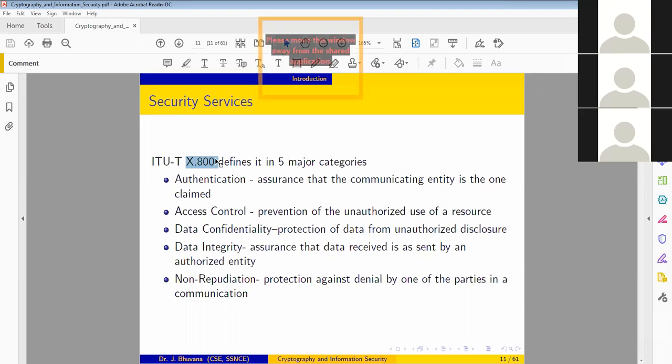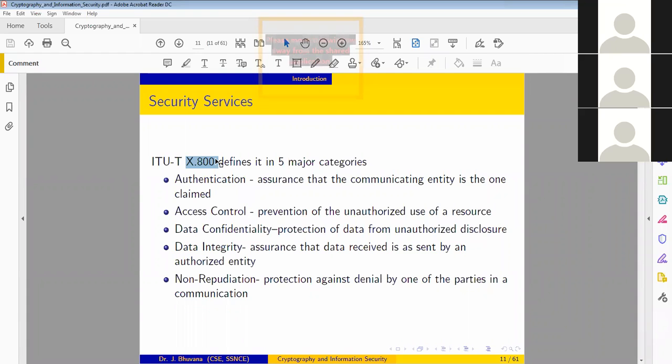The desirable property here is that whatever the sender says has to reach the receiver in the same form. That is called integrity. If that does not happen, that kind of action will be called an attack on integrity. If you are not receiving what I have sent, then something happened during the communication between the sending party and the receiving party, and that is an attack on integrity.